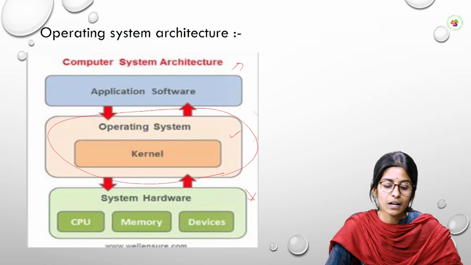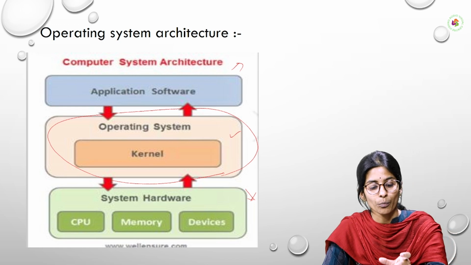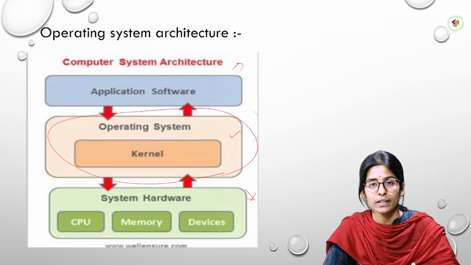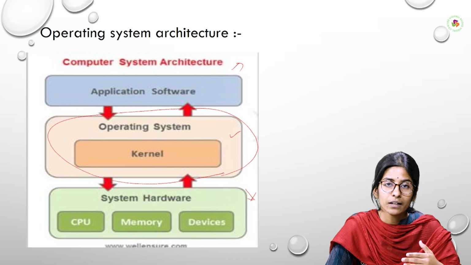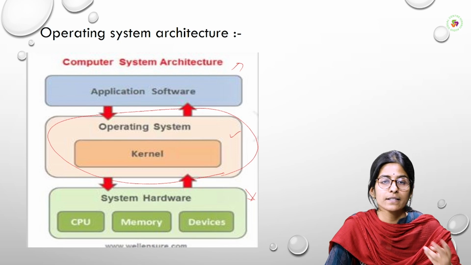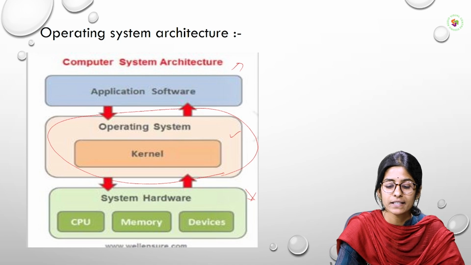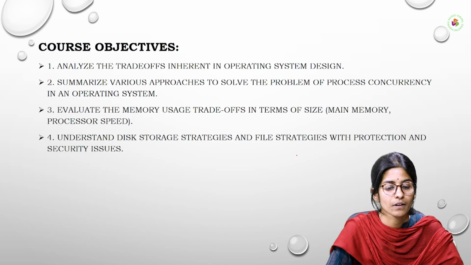All are handled by our kernel only. So the kernel is the main topic in our operating system. I will tell about the kernel and types of kernels in our next classes. This is the basic architecture of the operating system.